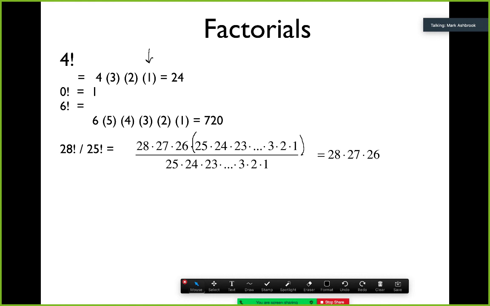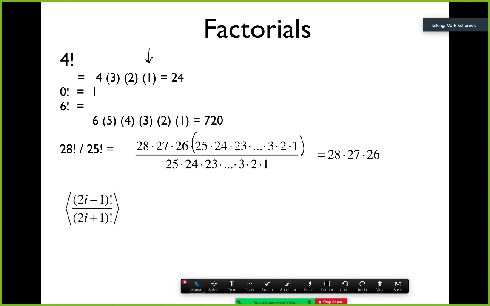This isn't a gigantic number by any means, whereas 28 factorial and 25 factorial are really big. But when you do this division, all that's left is 28, 27, and 26 in the numerator. So this is something that happens often, so be on the lookout for simplifications like this.